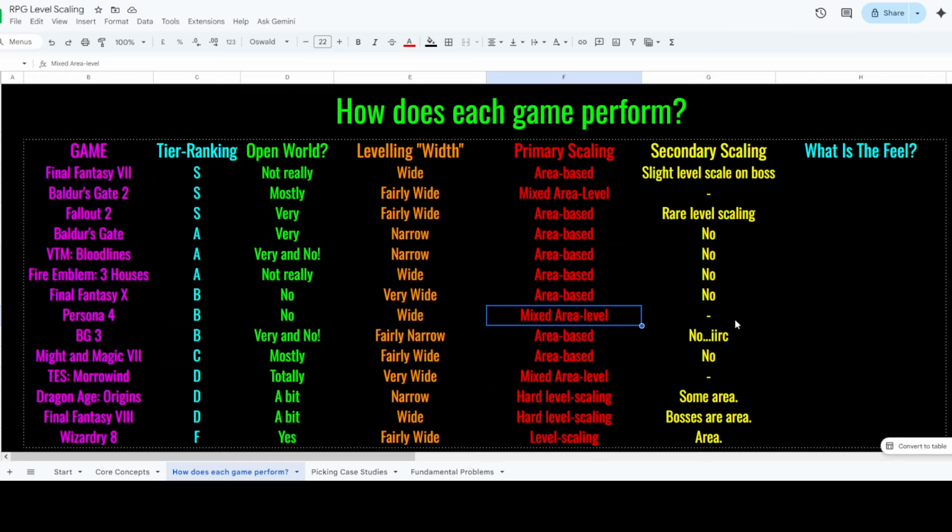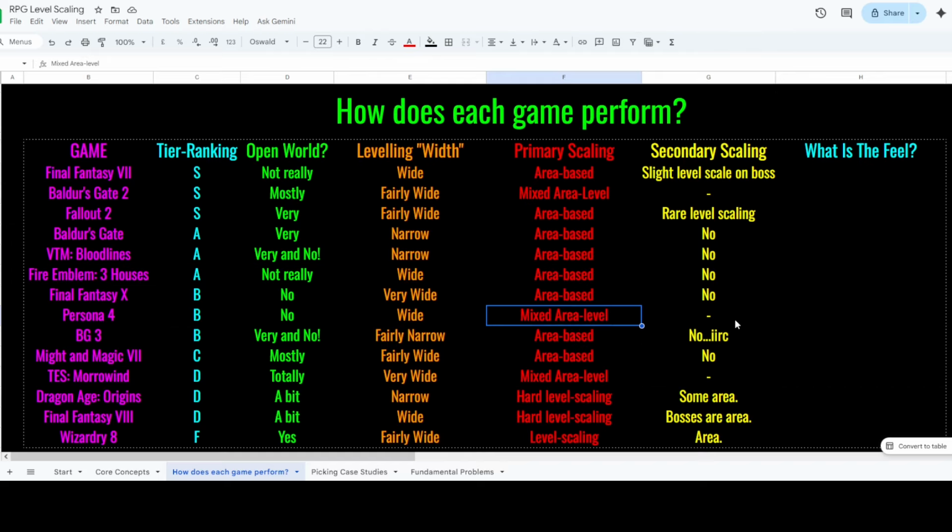So enemies will only ever get so hard. If you go in at a low level, it sort of caps it out. And equally, if you go in at a very high level, it will cap out the disparity of you to them.